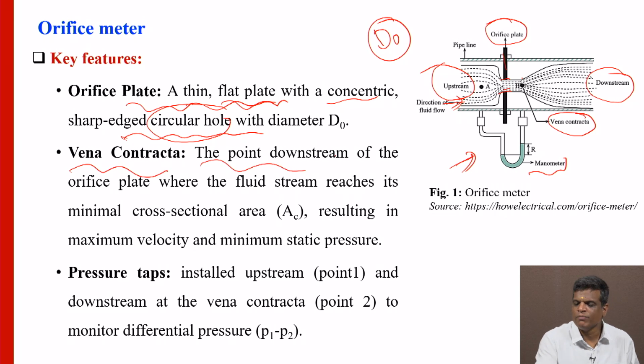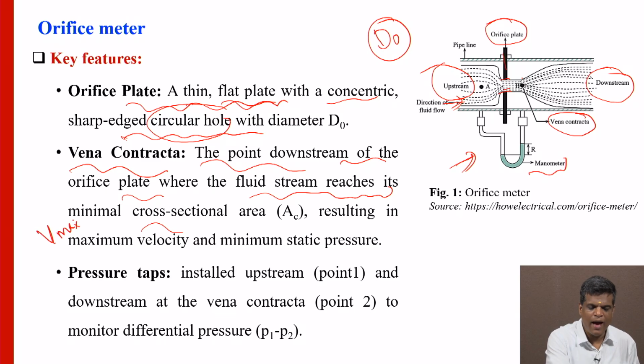It is the point downstream of the orifice plate where the fluid stream reaches the minimum cross-sectional area. There the velocity is maximum, which we always write as V max.